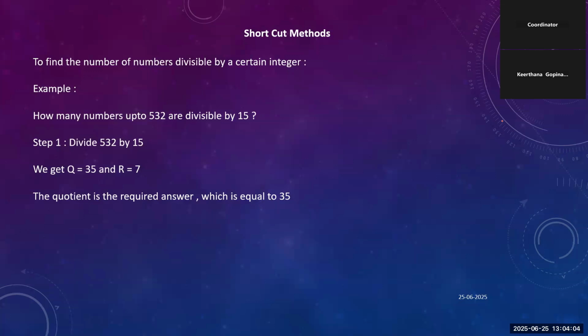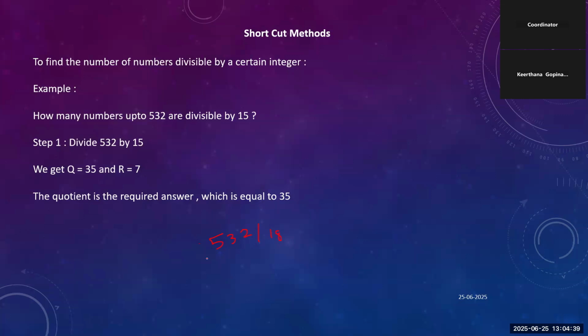Any number can be given and they will say how many numbers up to this number are divisible by, let's say, 18. If the same problem is given, 532, how many numbers within 532 are divisible by 18? What will you do? Simple, no? 532 by 18.